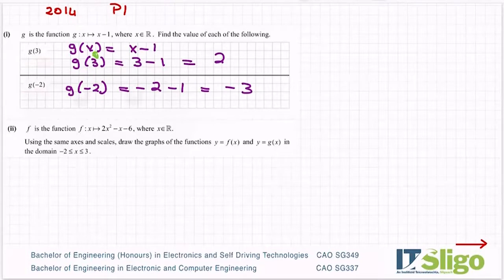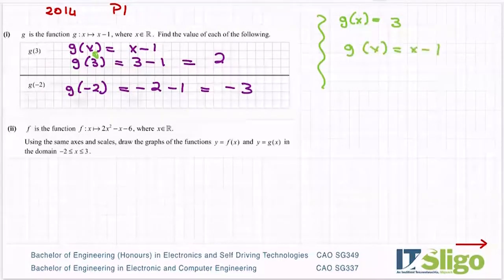Okay, there's another question just while I think of it, and I hope it doesn't confuse you. If you're asked to find this one. Okay, what is the difference? Well, remember our function g of x is equal to x minus 1. So they've now told me that the answer to it is 3.